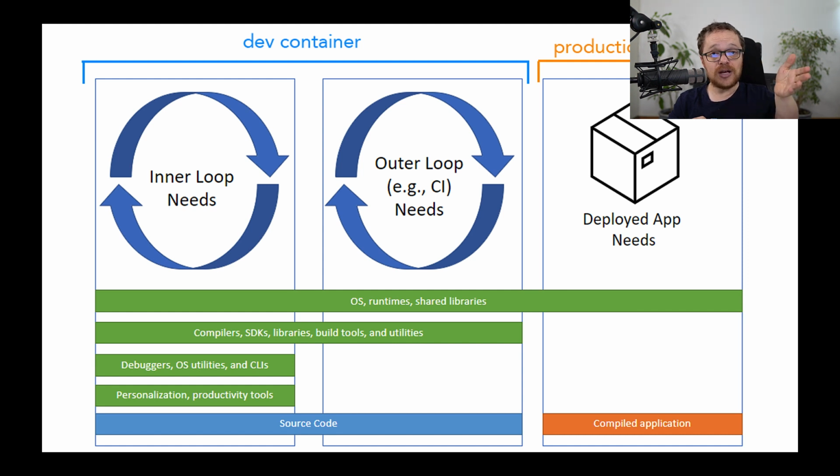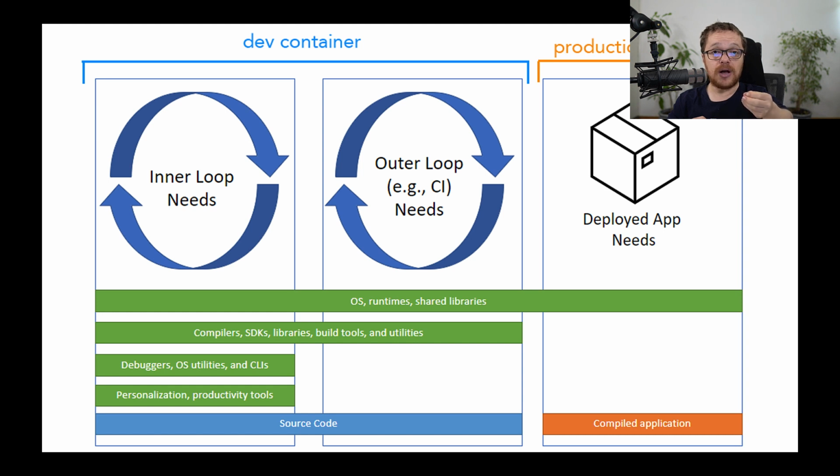The production container also needs to run the same OS, runtimes, and shared libraries. So if I'm running Debian in my dev container, it's the same version of Debian Linux that runs in my production. So I don't have to worry about OS conflicts. Then in my inner loop, I also want to share with my outer loop the compiler, SDK, libraries, build tools, and utilities.